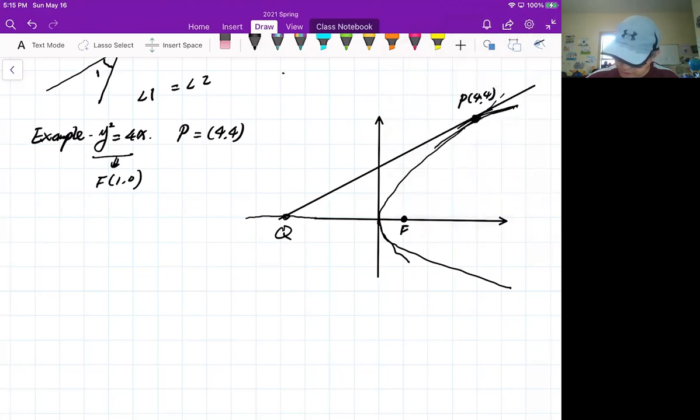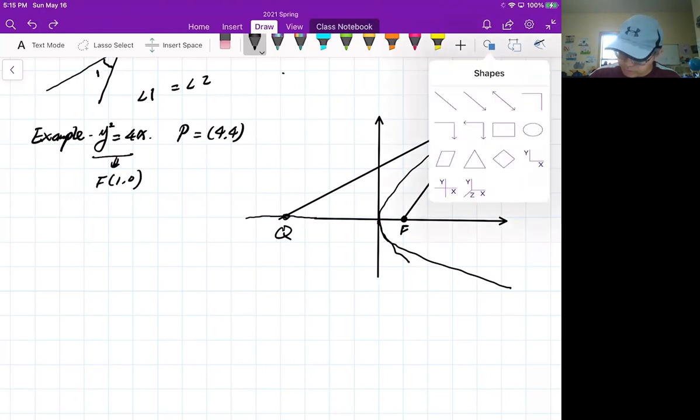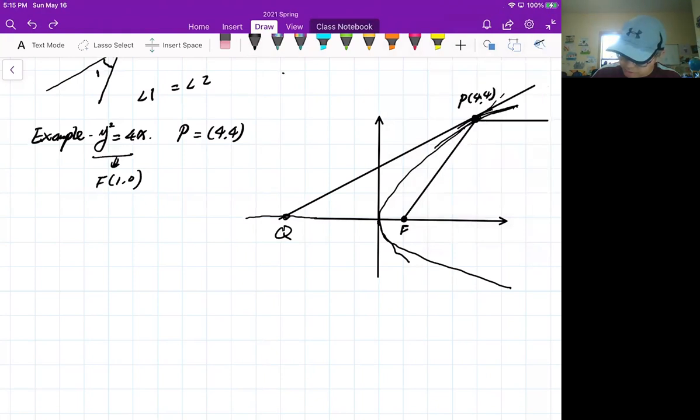It goes this way, goes here, and you want to make a reflection, going from here to that spot. I want to show that after reflection, the two lines should be parallel with the horizontal line, right?